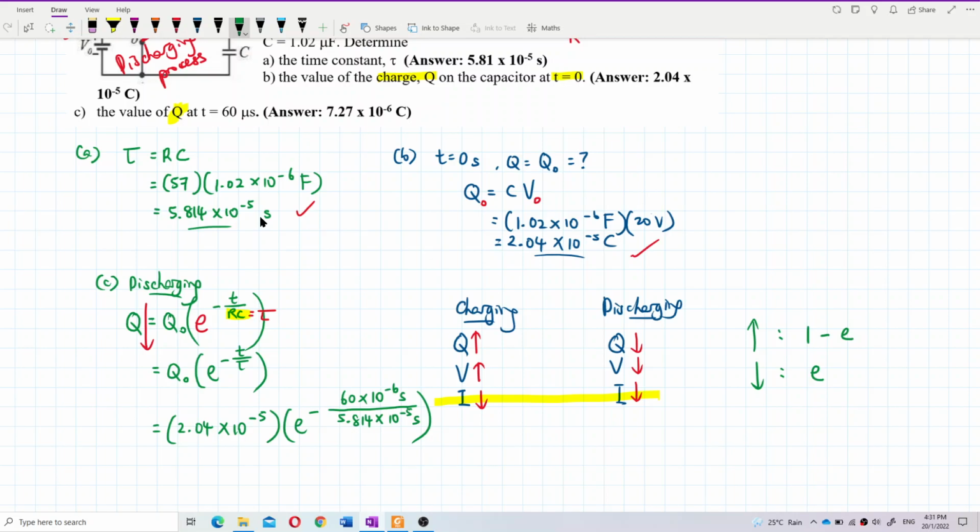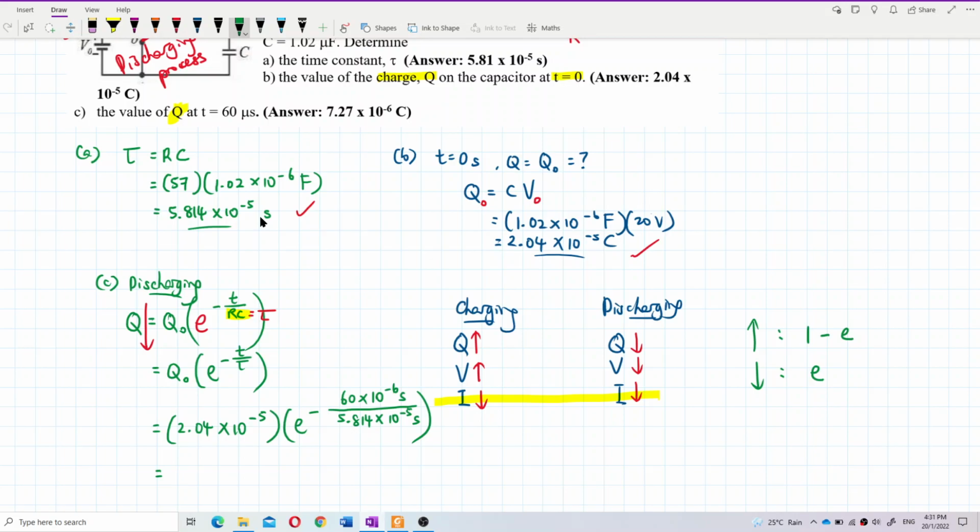Okay, so what's the answer? Let's calculate 60 exponent negative 6 divided by 5.814 exponent negative 5. Then exponent negative answer, and then multiply by 2.04 exponent negative 5.